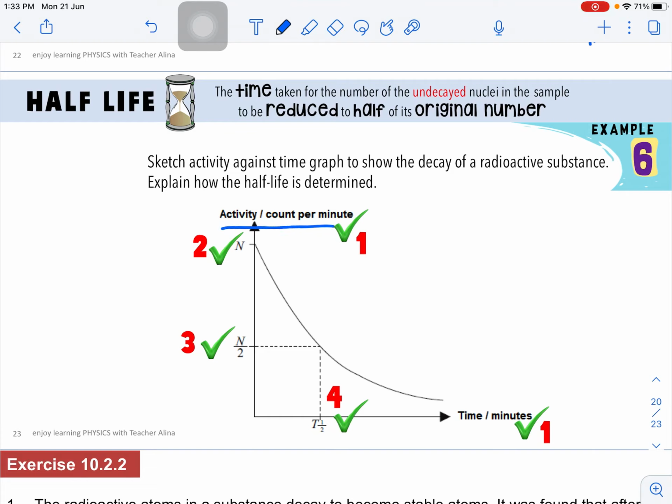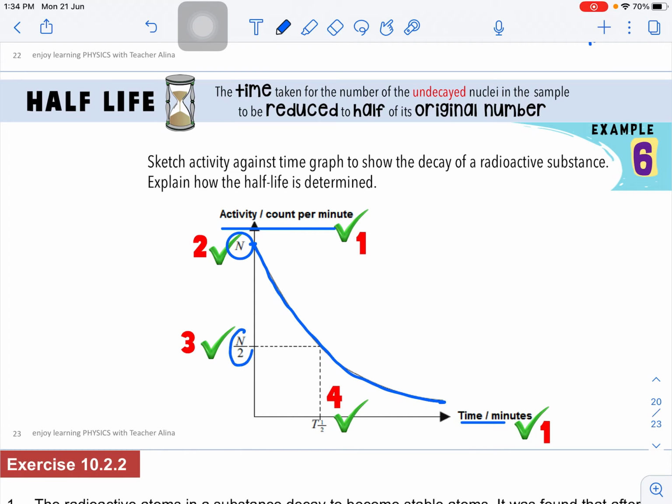Second, we have to draw the form of the graph. The form of the graph is an exponential graph. Start with the initial activity, that is N0. So we have to label N0 and draw the exponential graph.